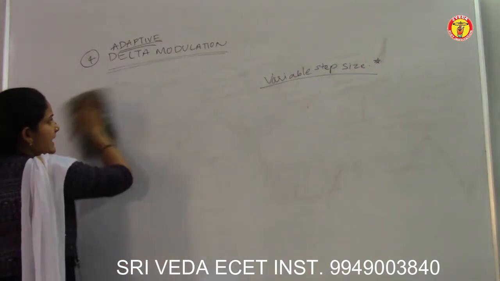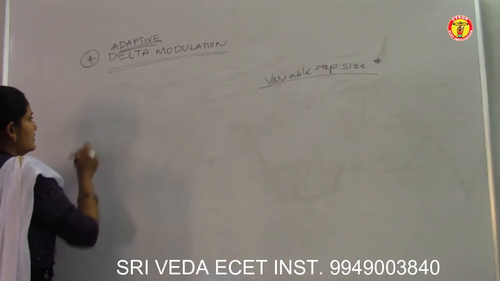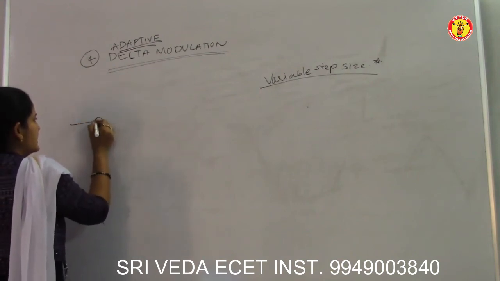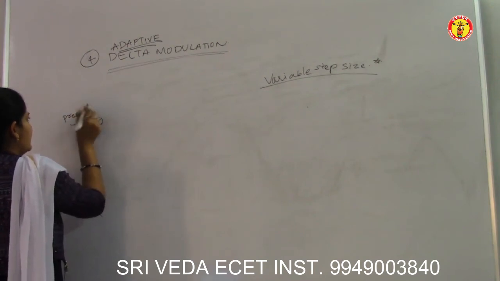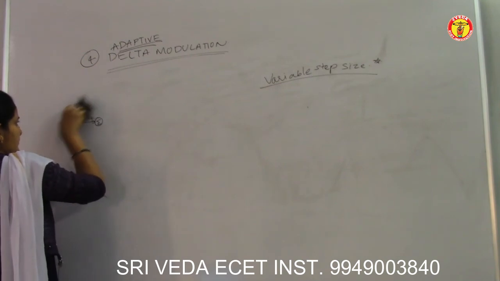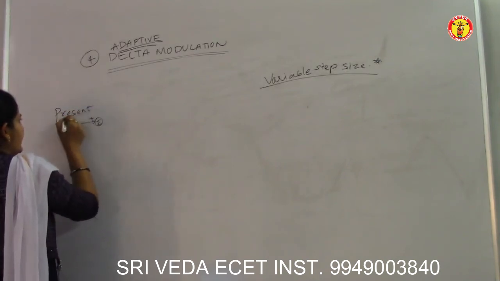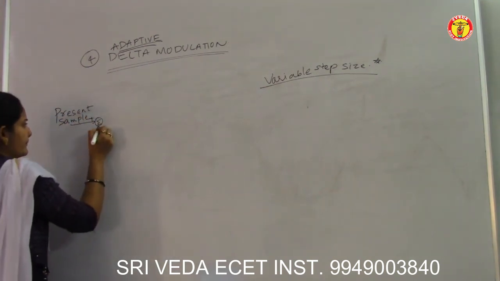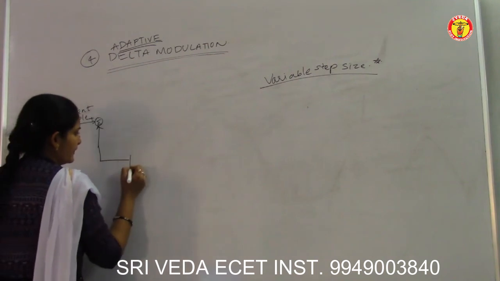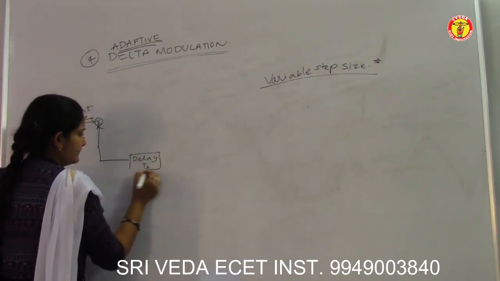So we will see the generation side, what the blocks are. First of all is the summer. This is my present sample value. This is a delay of Ts.